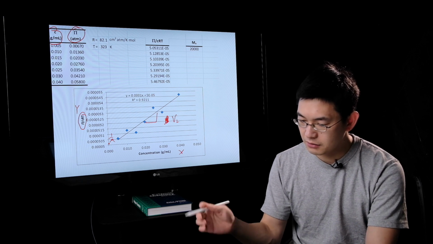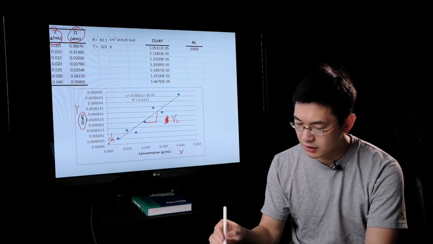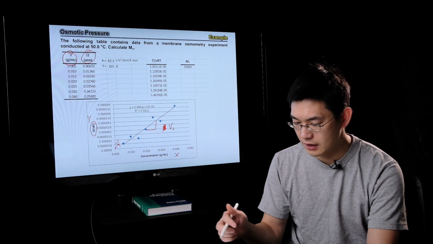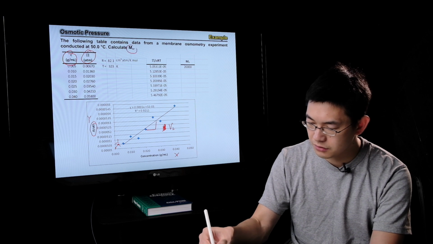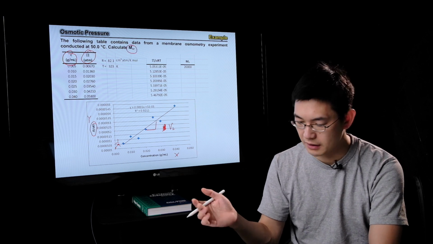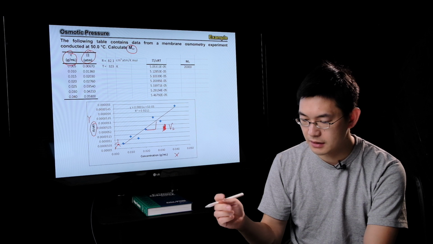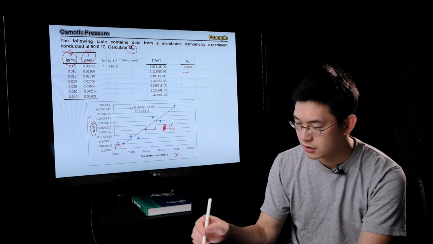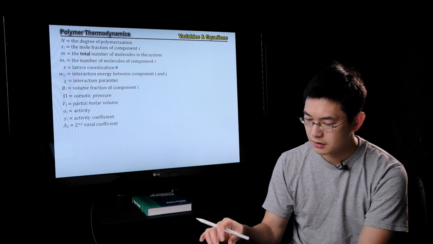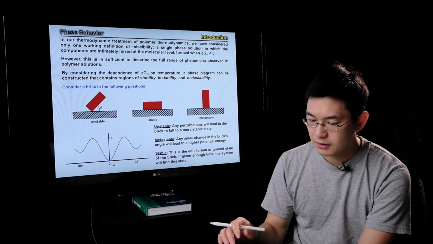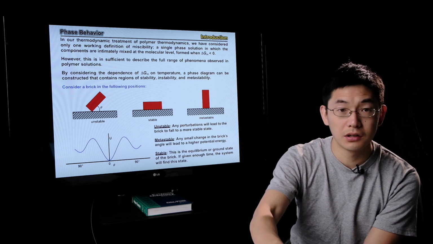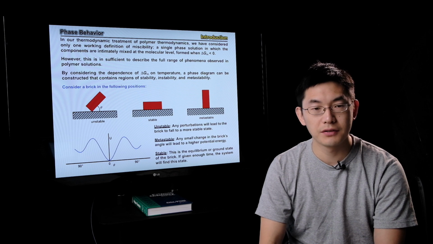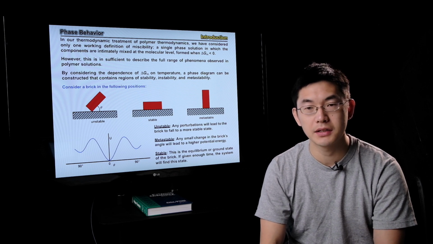You can calculate V2, and in this case it is a very small positive value. More importantly, the question asks you to calculate the number average molecular weight: take the intercept and invert it, and the molecular weight is about 20 kilodalton. That summarizes our discussion about osmotic pressure, the secondary coefficient, and many related parameters.